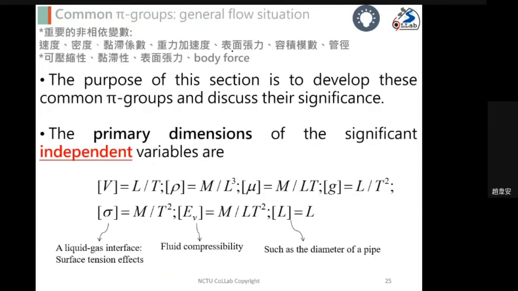The slide here shows the common pi groups for our hydraulic problems.